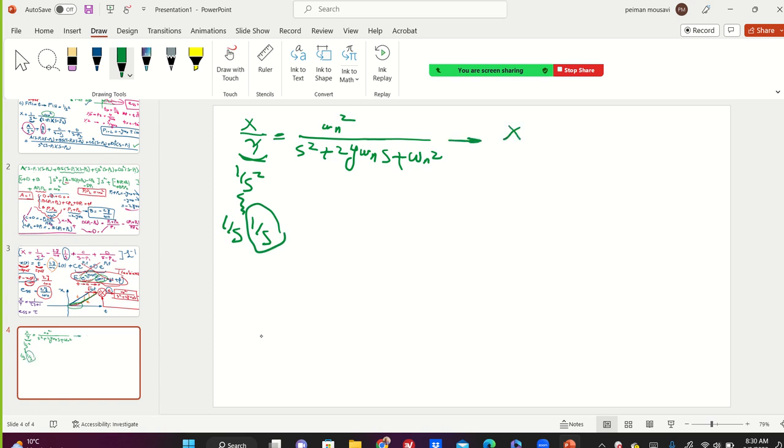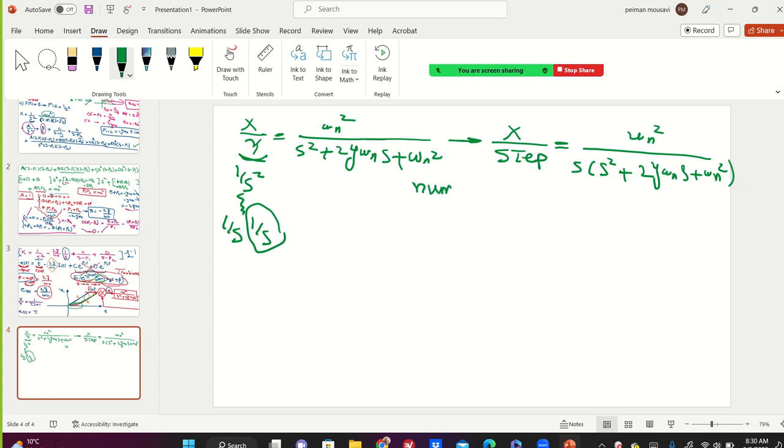So you have x over the unity step, because we have the step code in MATLAB, which gives omega n squared over s squared plus 2 zeta omega n s plus omega n squared, and you have a third order system, right?